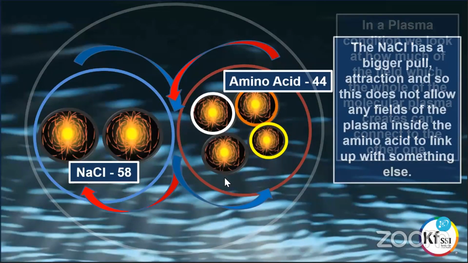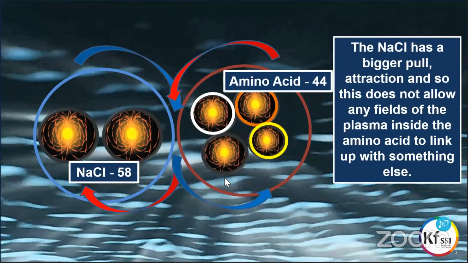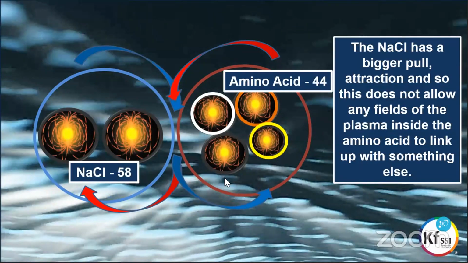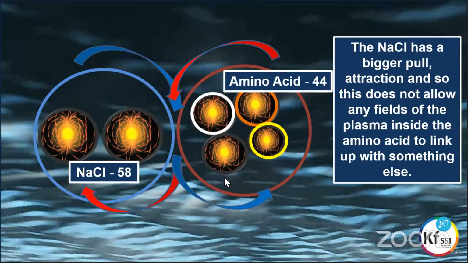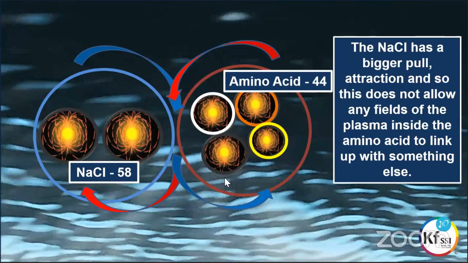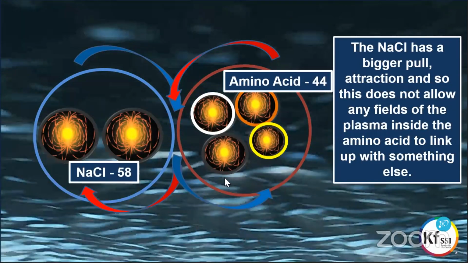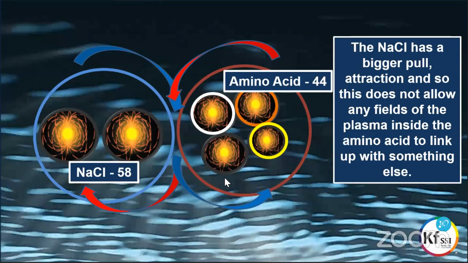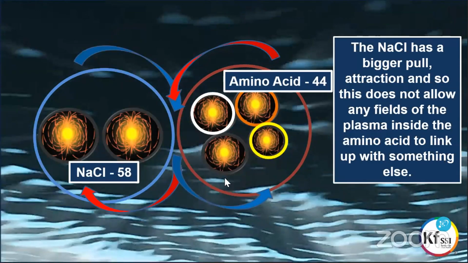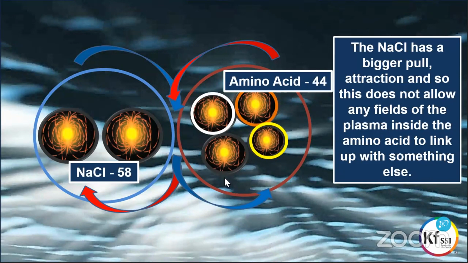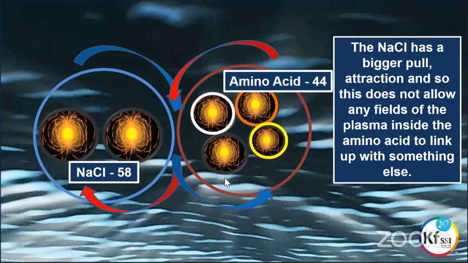When you look at these two, the sodium chloride has a bigger pull, a bigger attraction. So it's a bigger magnet compared to your amino acid structure. And so this doesn't allow any fields of the plasma inside the amino acid to link up with anything else.